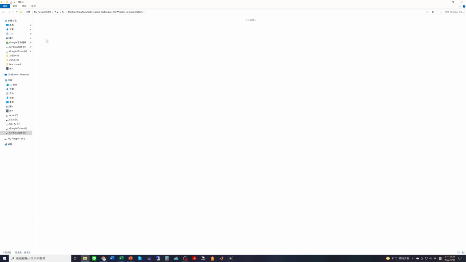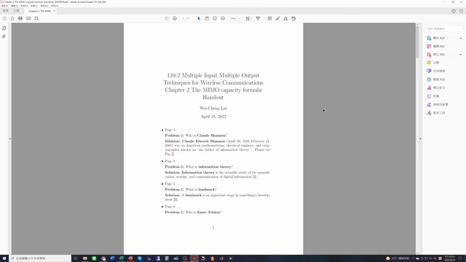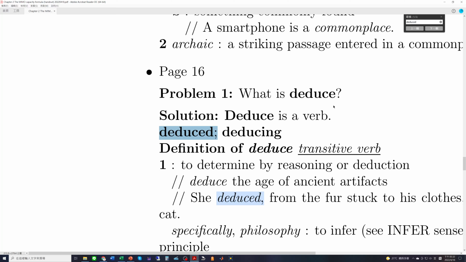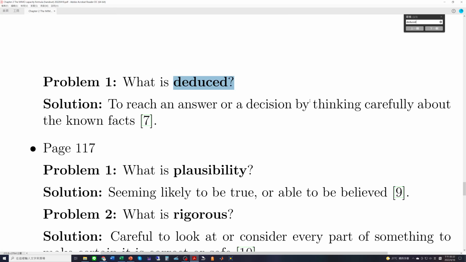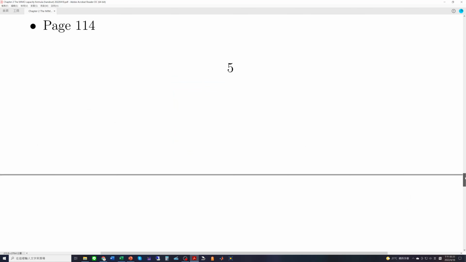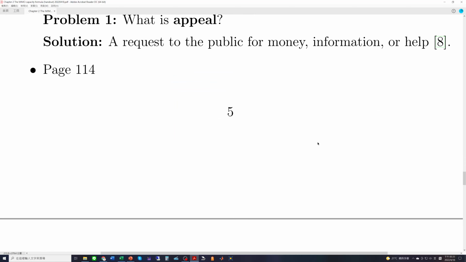Handout chapter 2 today. Find the word deduce, on page 114.